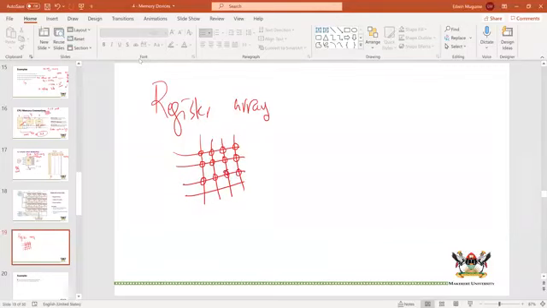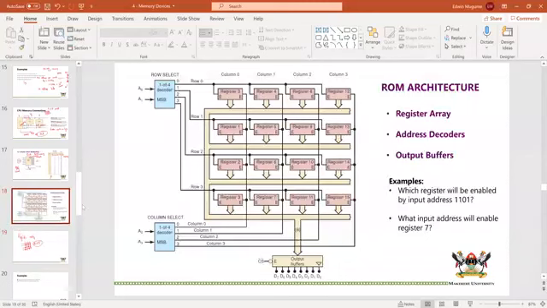I have a register, and the number of words here is 16, and obviously the word length can be whatever I want it to be, depending on the size of the registers. You can see this arrangement is like 4 by 4, similar to what I've just drawn, but at each of these there is a register.